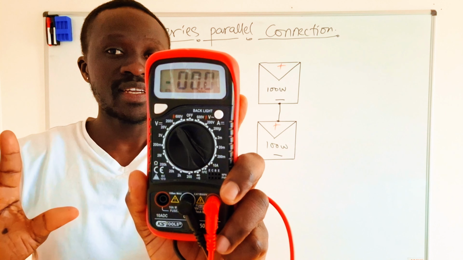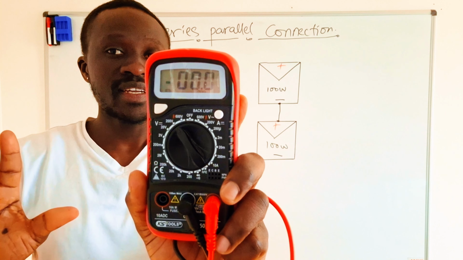Now measure: get your negative terminal, put it here, and then get your positive terminal and put it here, and the reading will come as 40 volts.